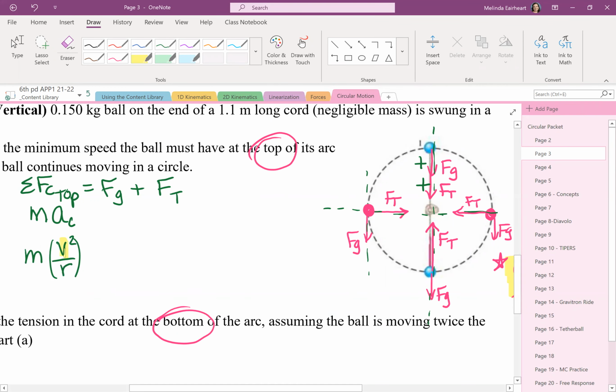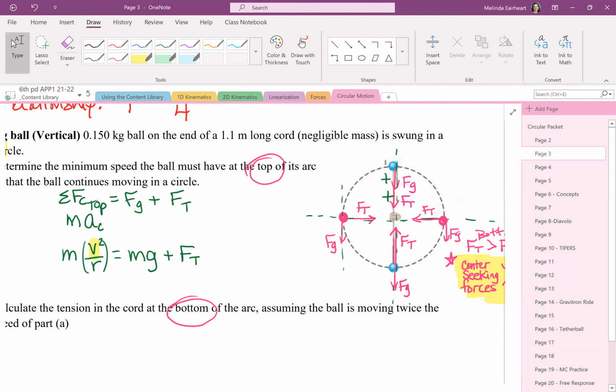So there's the speed that we're looking for. Let's keep going. Equals, what can we plug in for FG? mg, weight, is your mass times the acceleration due to gravity. And then tension doesn't have its own equation. And so just plus tension. Wait a second. They gave me the mass. They gave me the radius. We know gravity. Did they tell us the tension?